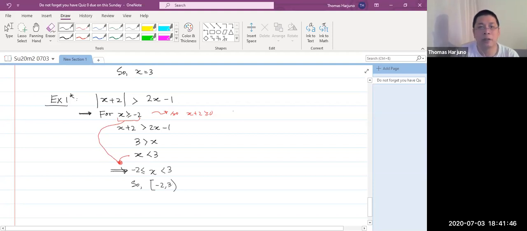The other possibility is when x is less than -2. So what happened is x plus 2 is negative. Because the expression inside the absolute value is negative, the absolute value must be the opposite of x plus 2.